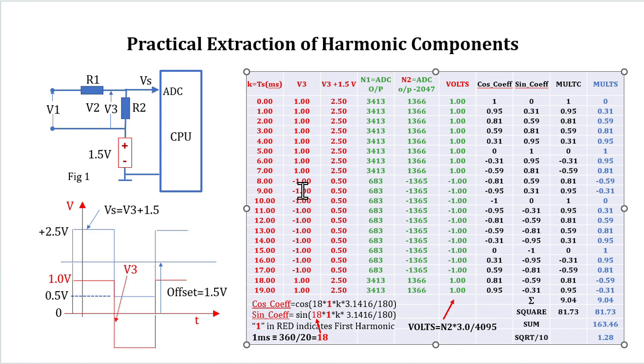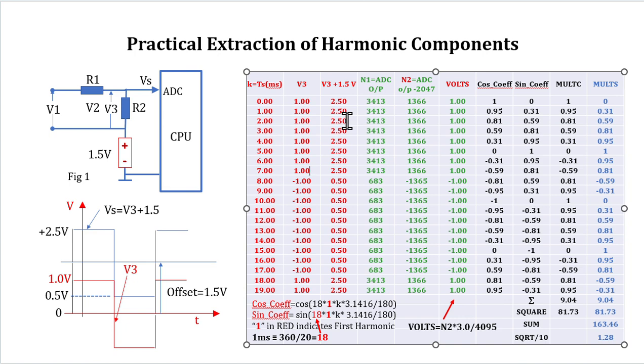Then 8, 9, 10, 11, 12, up to 17, it is minus 1. I'm talking about this V3. See, it is V3. So V3 goes like this, and then at the end again 2 samples which are plus 1. And what do you get at Vs? At Vs you get V3 plus 1.5. Vs is equal to V3 plus 1.5. You get it here.